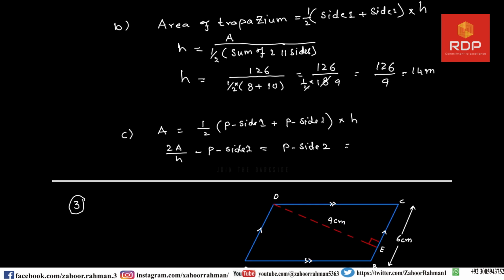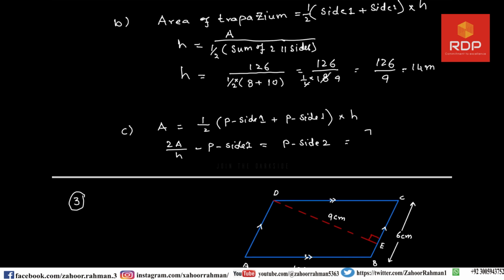So we are putting the values as 72, and then 1 over 2 into 8. They gave us 8, and then the other value is minus 5. So after the necessary calculation, parallel side 2 will be equal to 13 mm. That is the whole story.